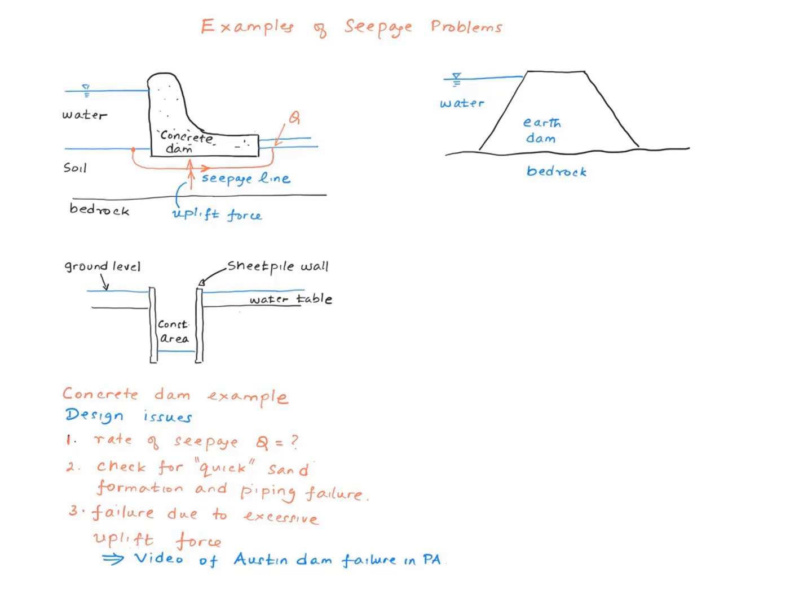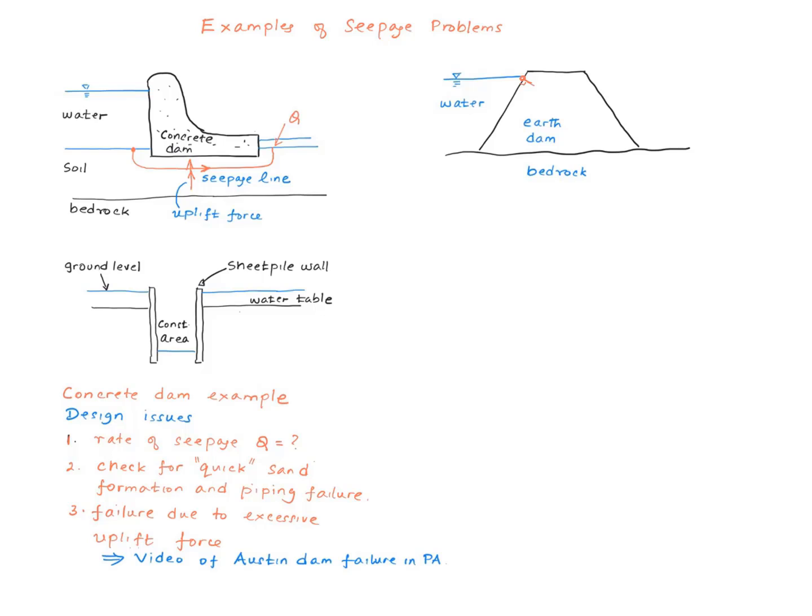Now let's talk about the earth dam example. In this example, the earth dam is built on a bedrock, and the bedrock is a lot more impermeable than the earth dam, and therefore the water is going to be flowing through the dam. Now let's consider a water molecule that starts from a point like this. And we'll see later that this water molecule is going to start off perpendicular to the face of the dam over here.